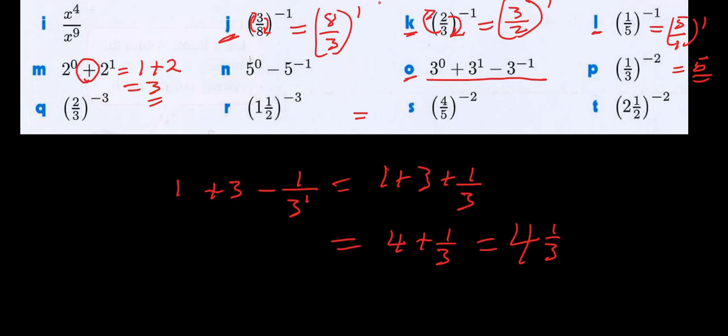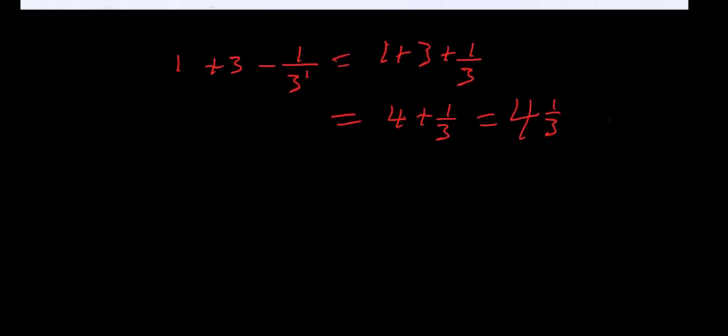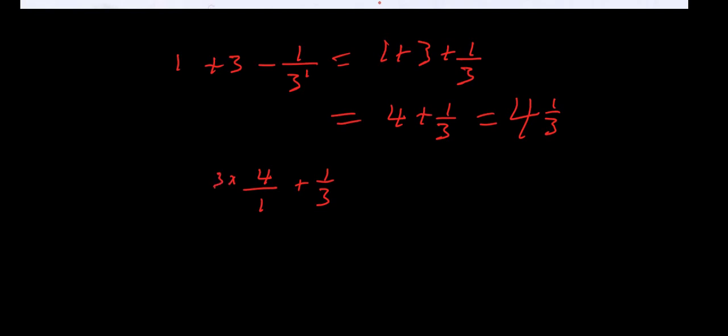And if you want to go into more detail on this, then you make this 4 over 1. So this will be 4 over 1 plus 1 over 3. We need to find the common denominator by simply multiplying this by 3 and also multiplying the denominator by 3.